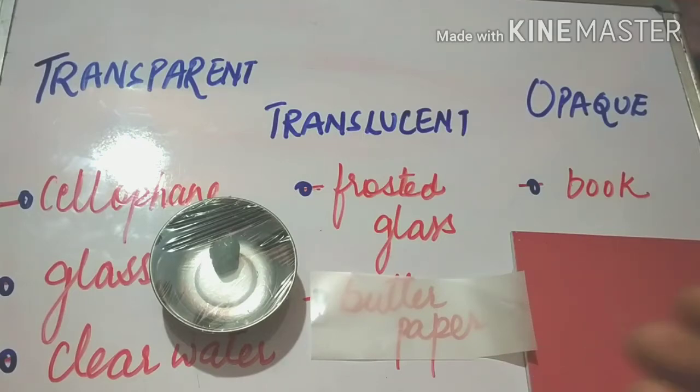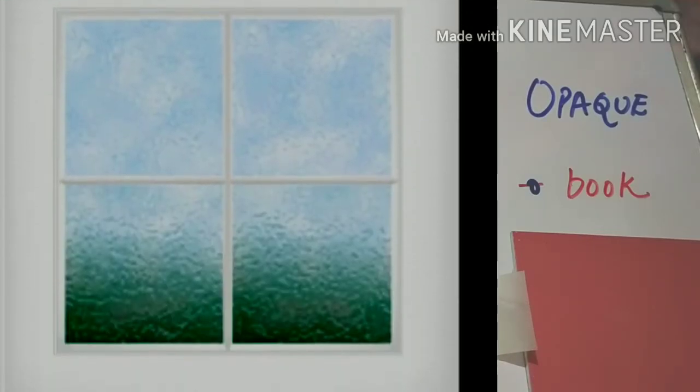Often in winters you might have observed that glasses become a little bit foggy, and then you can make different shapes like this. Okay, so this glass is frosted. Frosted means you can see things which are outside, but you can't see the exact image. Like you will feel that something green is there, but the shape of the tree is not visible.